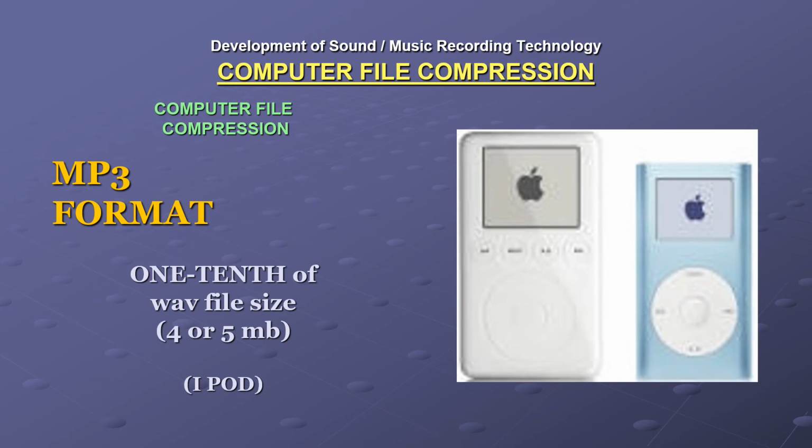Apple, of course, has its iPod. Sony had its own version of MP3. A couple of other recording technology companies had their own type of MP3 format. Eventually, they all came to the point where everybody only wants to listen to MP3 format.